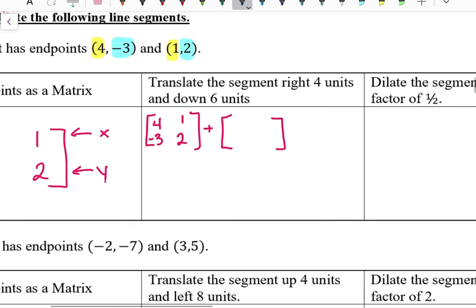If I want to go right 4 units, right is going to be affecting the x values. And if I want to go right on the x values, I want to go more positive. When you're looking at a graph and you're going to the right, you're getting more positive on the x. So I want to add 4 to my x values.